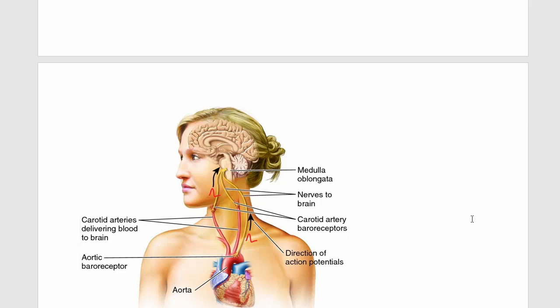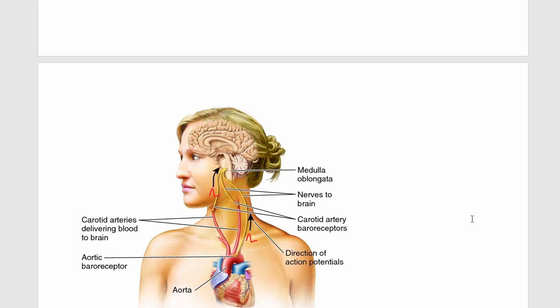These baroreceptors send signals up to the brain, which then starts compensatory mechanisms to try and counteract the drop in blood pressure. It does this by activating what's known as the sympathetic pathway, the fight or flight response, and decreasing the parasympathetic pathway, the rest and digest pathway.